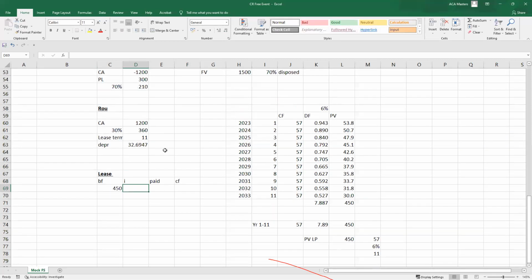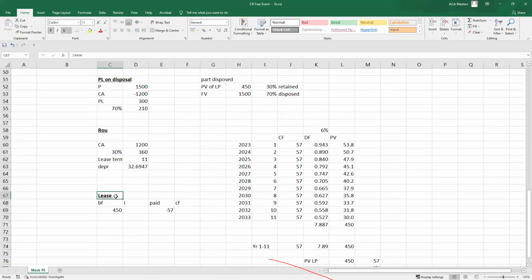So whenever we measure things under amortized cost, whether it's leases or financial instruments, again very similar, because it's looking at the present value of the payments. You discount the payments down to present value, and then you record the effective interest in the P&L. So whenever there's a payment more than a year away, then as time gets closer and closer to the payment, you have to unwind that discount.